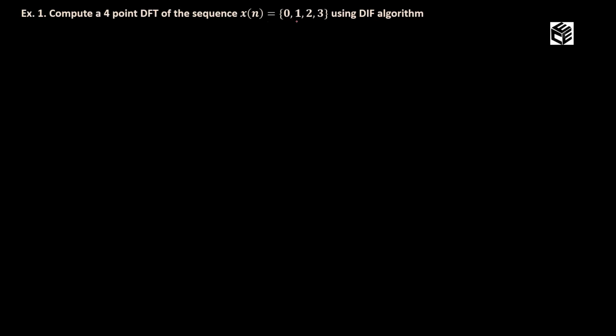So in the question, it is given the value of n as n is equal to 4, which can be written as 2 to the power 2, which means we have two stages of computation, which is of the form 4-point sequence and 2-point sequence.